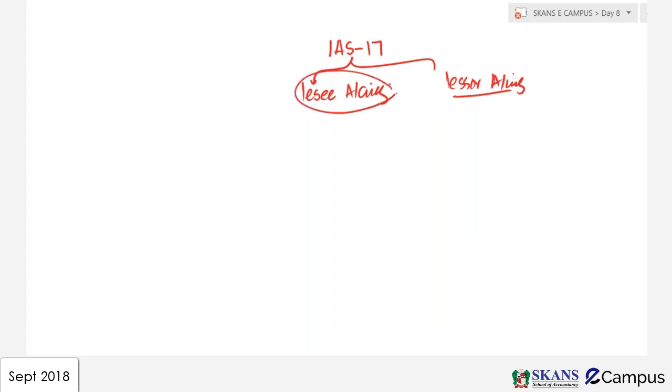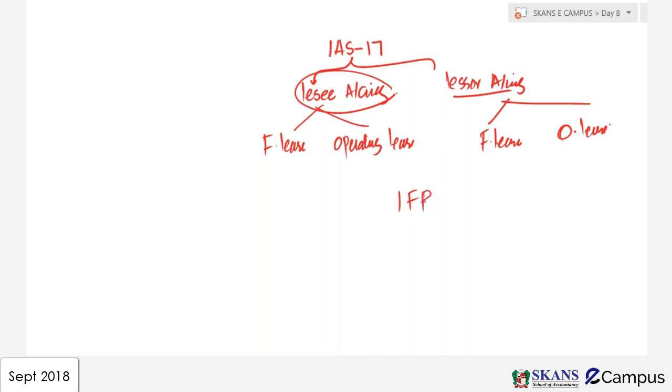In lessee accounting, we divide the lease into finance lease and operating lease. In the same way, in lessor accounting, we divide the lease into finance lease and operating lease. Now guys, IAS 17 is no more.